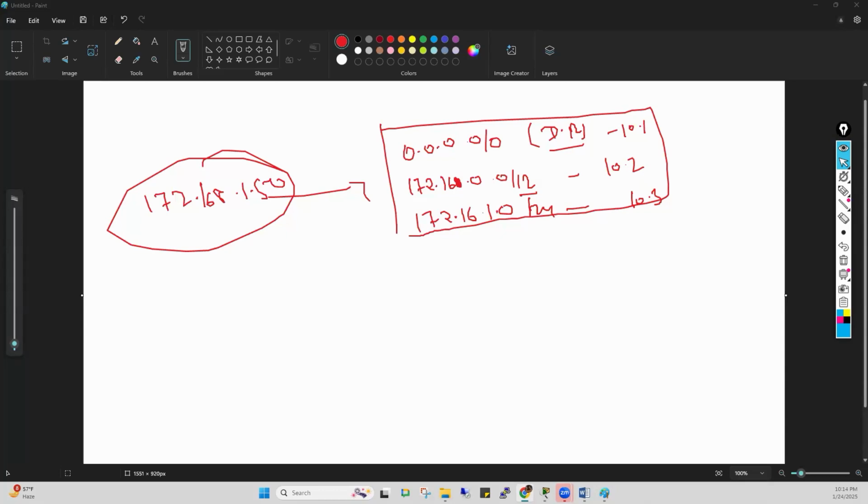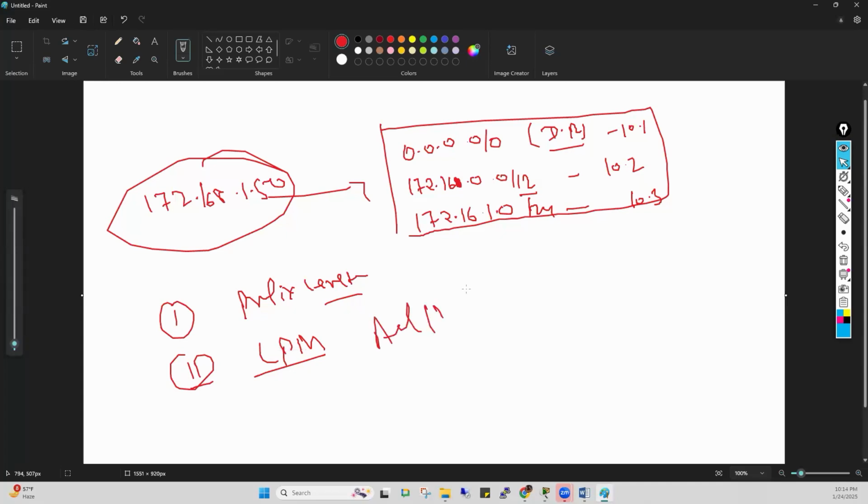Whenever you check the longest prefix match, these are my suggestions. The first step is to always check the prefix length. And one more thing, longest prefix match is independent of any protocol. The router checks the prefix length before considering any AD or metric.